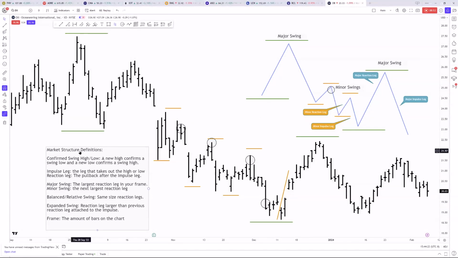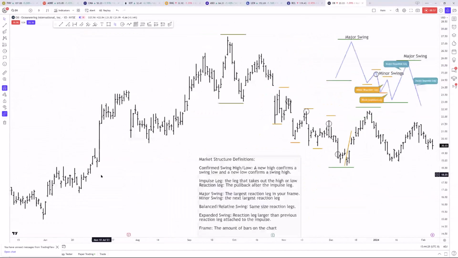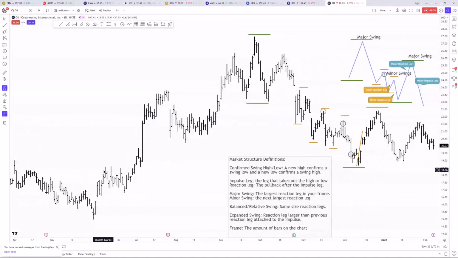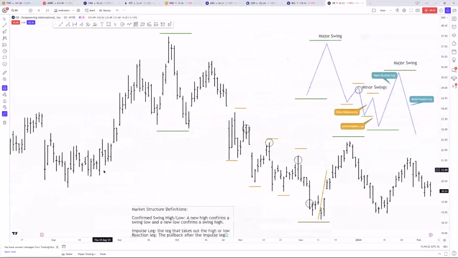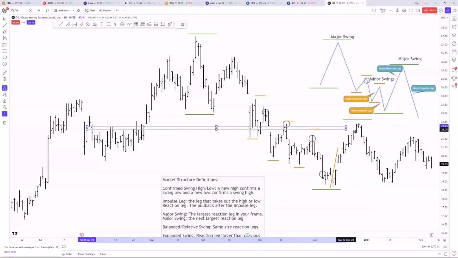And we can map a market, and you can see this in any frame, right? This is all just market structure. Further, before we were talking about how each one of these has a shelf. You can see a swing has a shelf to it, and price will interact with those back and forth. It's just supply and demand.